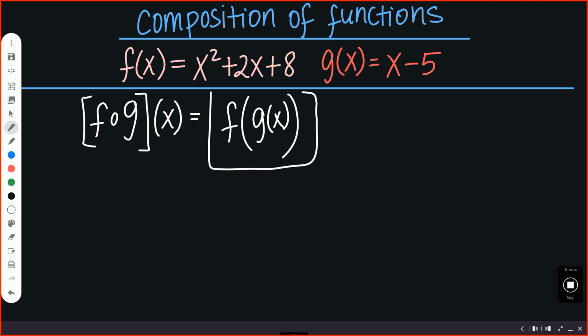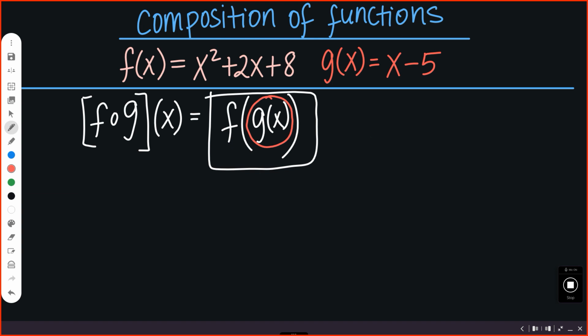Like I've said, it's easier for me to see what I need to do here. The structure, the backbone of this composition of functions, is going to be f. What I'm doing now is substituting x with g of x.